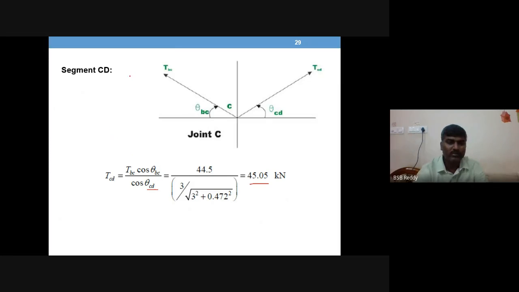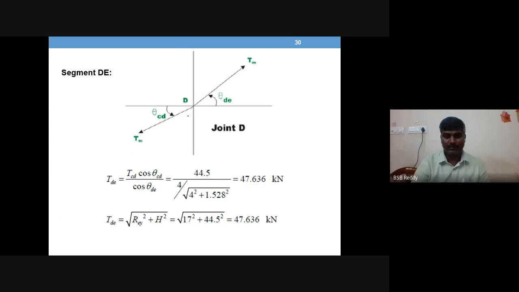You are just using one equation because you want only one unknown. Sigma fx equals 0 you are using in all the equations because the angle is found from geometry, so the tension value is the only unknown required. So TBC cos theta BC is equal to TCD cos theta CD. That is the equation here.